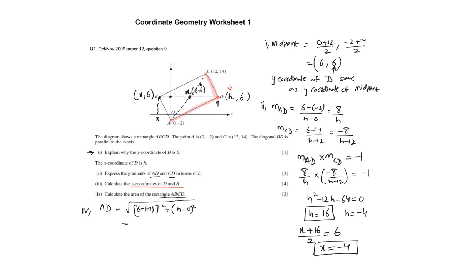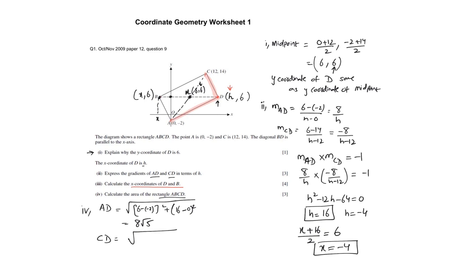The h value is 16, so let me write h as 16 over here. So the square root of 8 squared plus 16 squared is 8 root 5. You can now also calculate the length of CD.